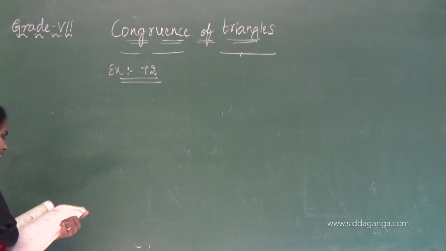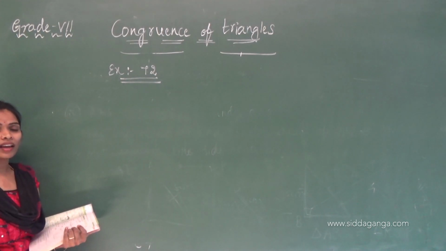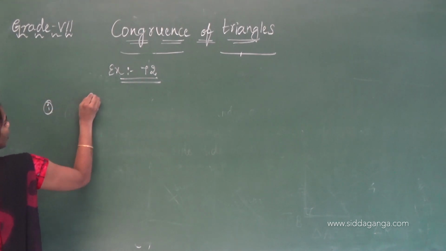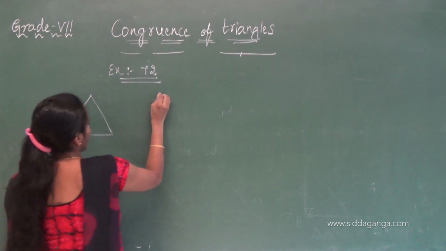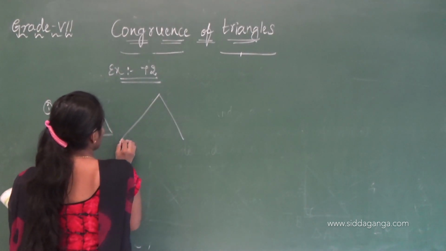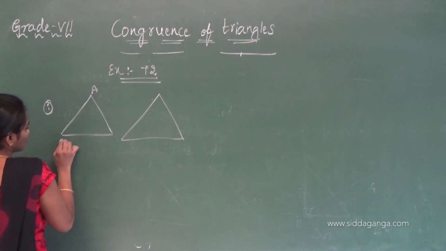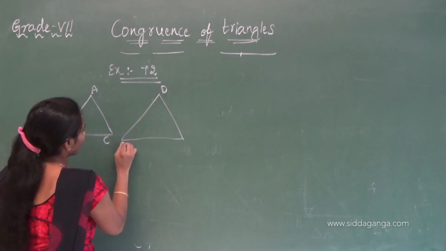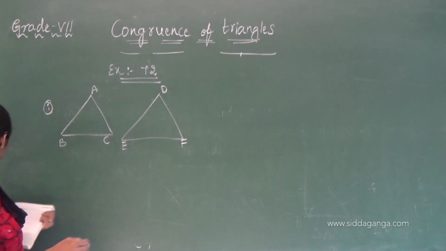Which congruence criteria do you use in the following? Here they are giving some questions. They are giving all this, and we have to tell by using which criteria they are congruent.